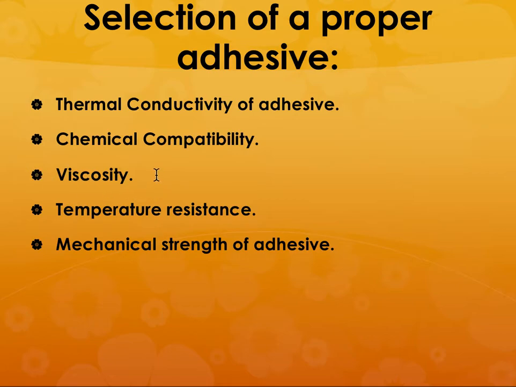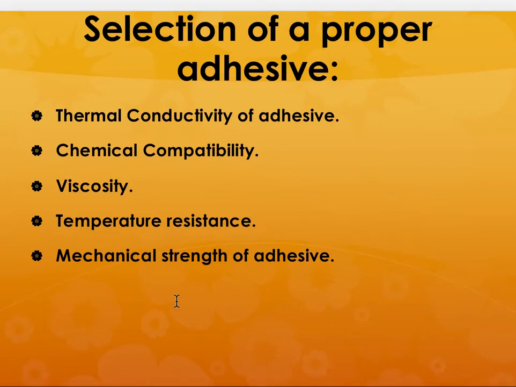It should have proper viscosity so that it doesn't run off, or if it is too viscous, then you have to make sure that it is applied evenly throughout the composite material. Then obviously temperature resistance and mechanical strength of the adhesive are also important parameters.